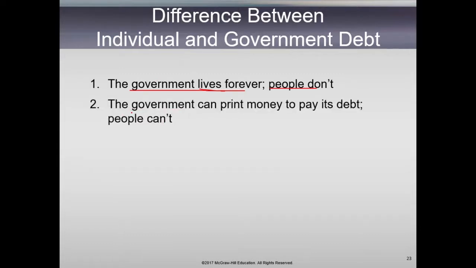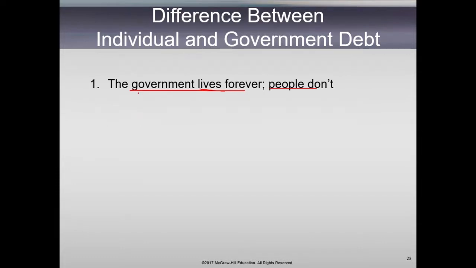So, going back to number one here, we have a limited lifetime over which to make the discounted present value of our spending roughly match up with the discounted present value of what we're earning, so that when we die, we don't leave a burden for those who follow us.